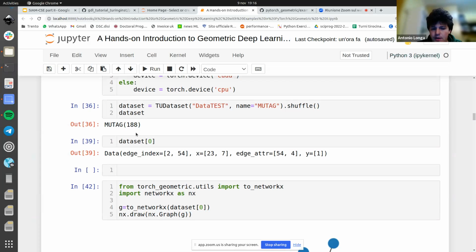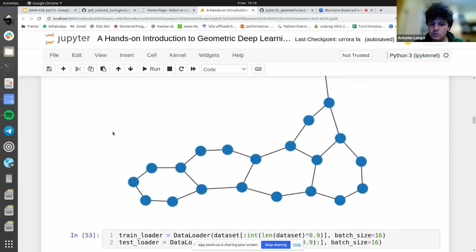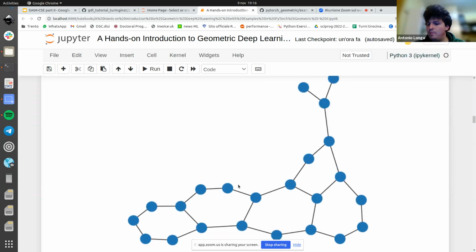But it's quite unusual to see such a small dataset, with such small graph sizes, because in MUTAG we have really small molecules. For example, this one is a graph.